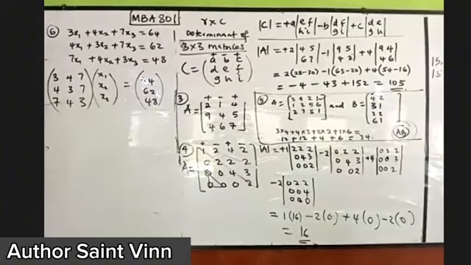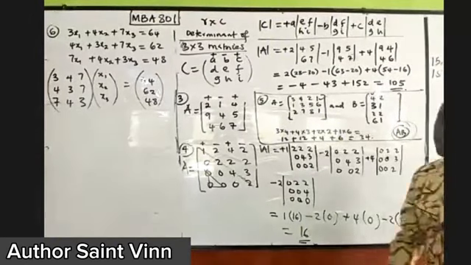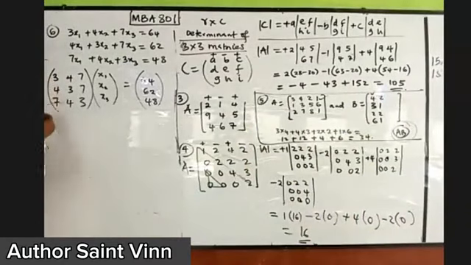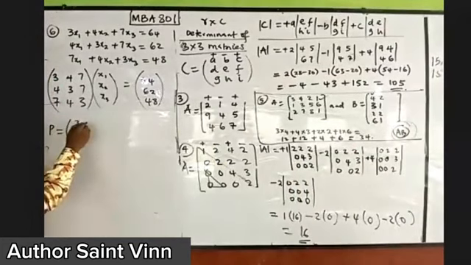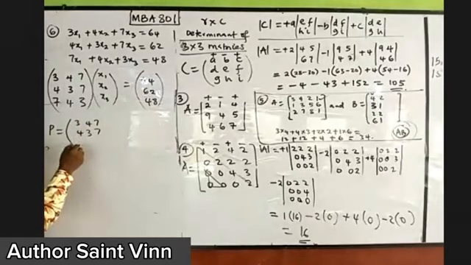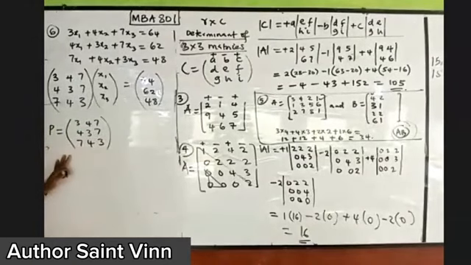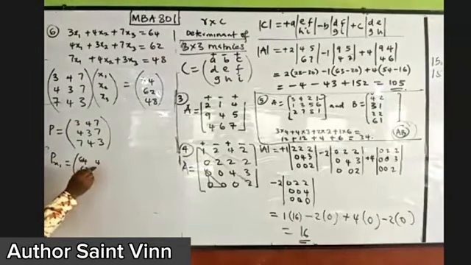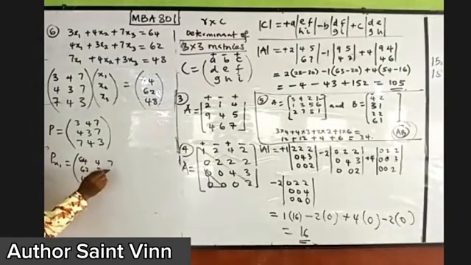The original matrix is 3, 4, 7, 4, 3, 7, 7, 4, 3. This is the original matrix, matrix P. For matrix X1, the first column is swapped with 64, 62, 48, while the other columns remain. We have formed another matrix.